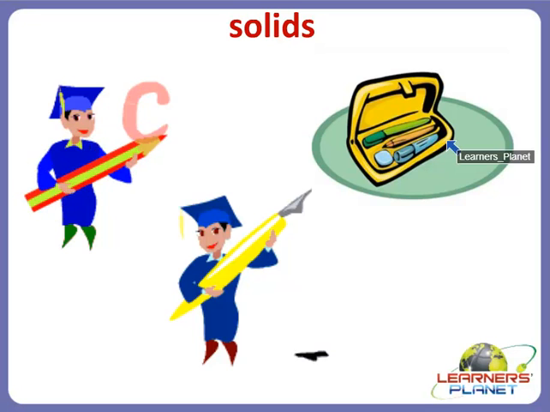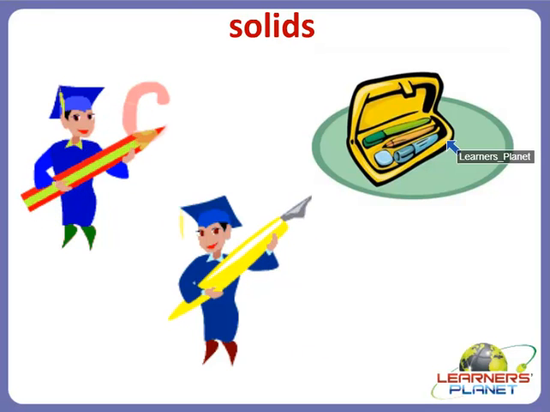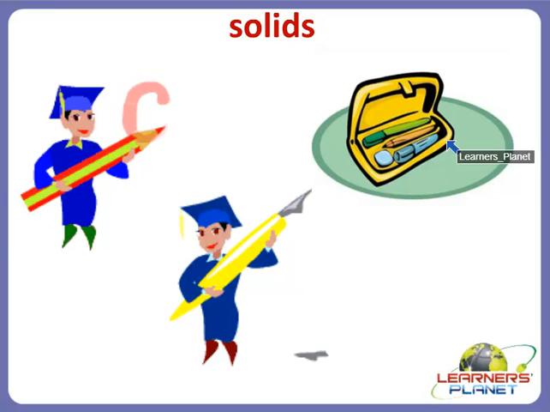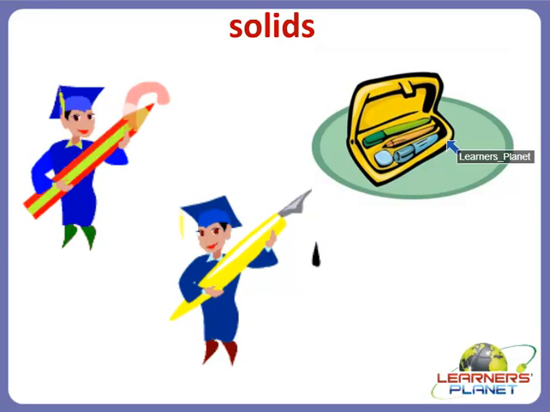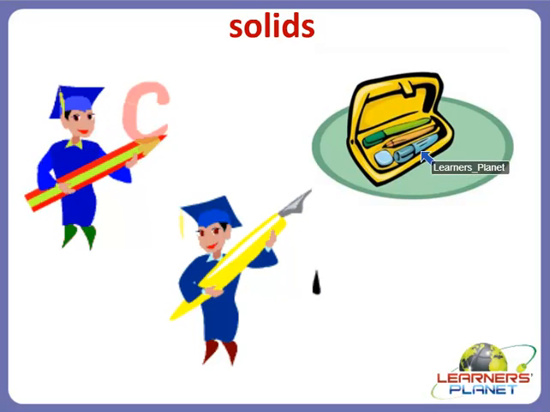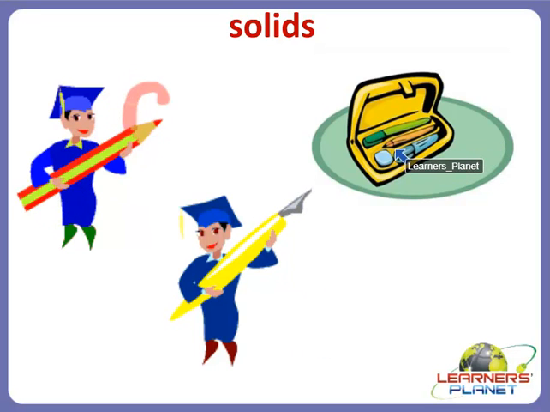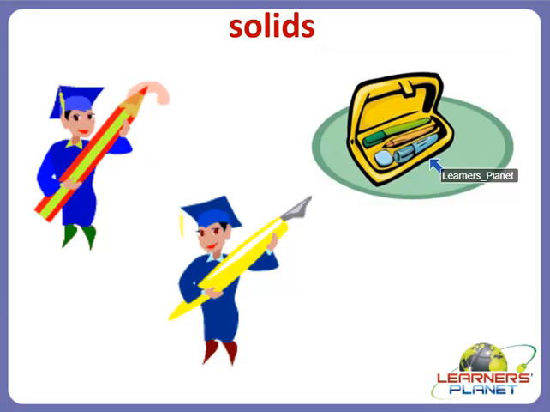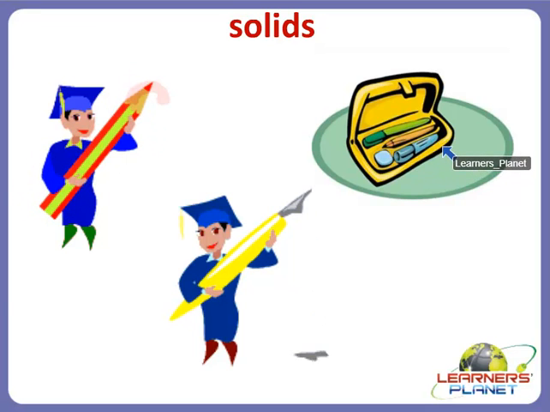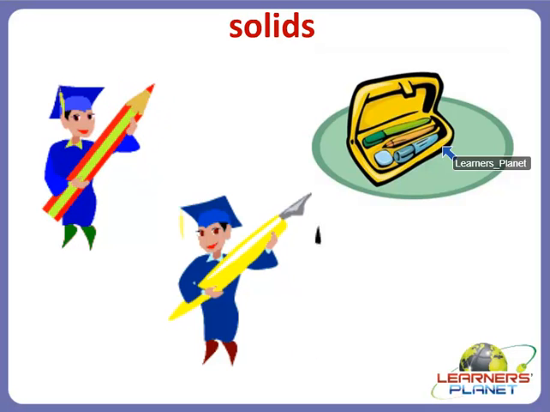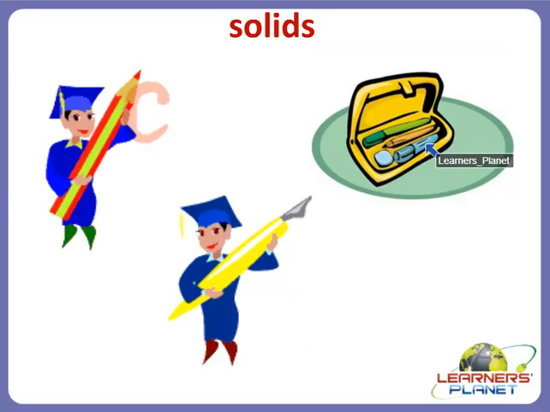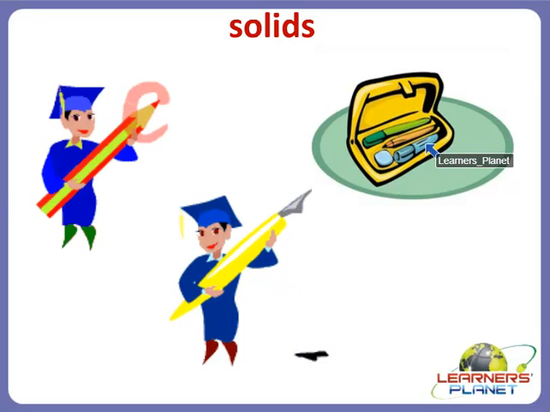You all must be carrying a compass box every day in your school. Yes? We keep pen, pencil, eraser, sharpener and scale in our compass box. So children, what are such things? They are solids.